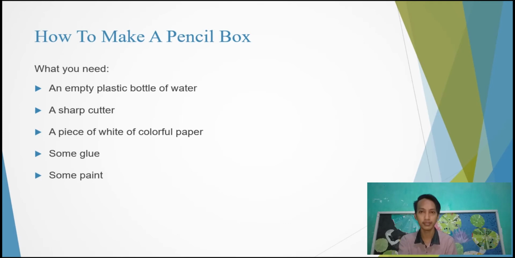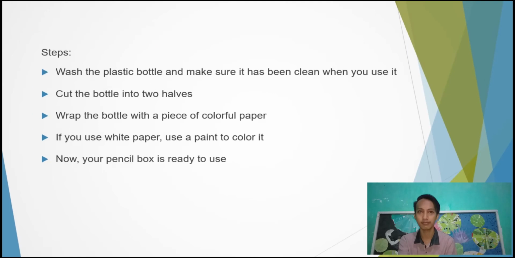After materials, anyone know what is that? Steps. That's right. In this text, you can see 5 steps. The first one, wash the plastic bottle and make sure it has been cleaned. And second, cut the bottle into 2 halves.